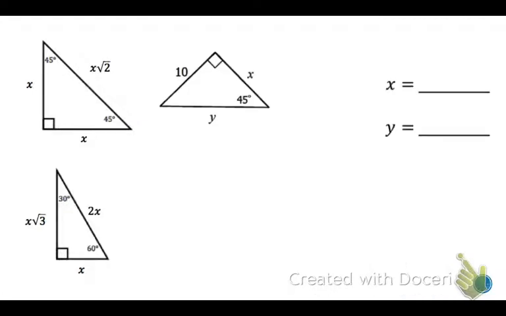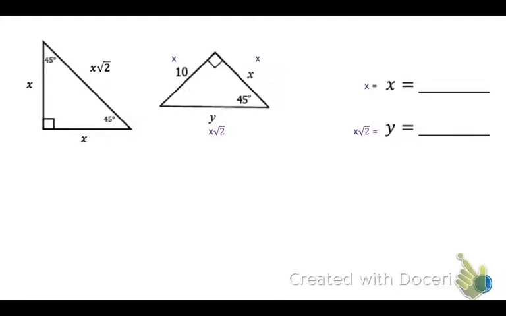So if we have this right triangle, a 45, 45, 90 triangle, first what I want to do is look at my 45, 45, 90 and label the sides the same way they're labeled on this. So x, x, and x square root of 2. I'm just going to write it over here because we have this x and y thing going on, and we have another x, and those x's mean different things, so it's getting confusing.